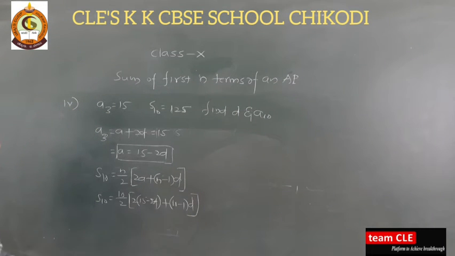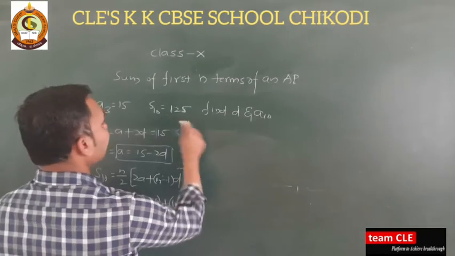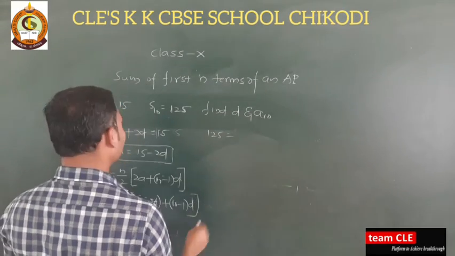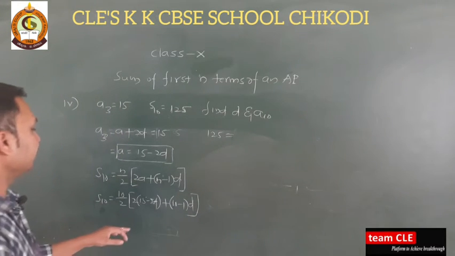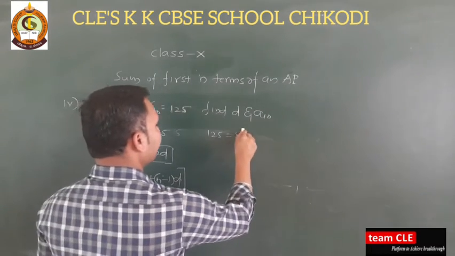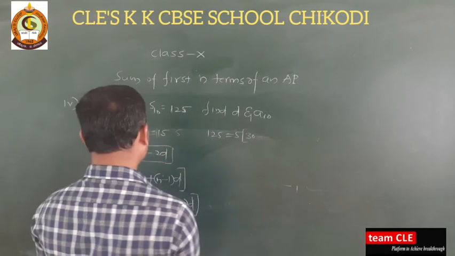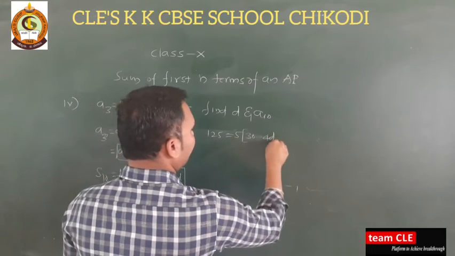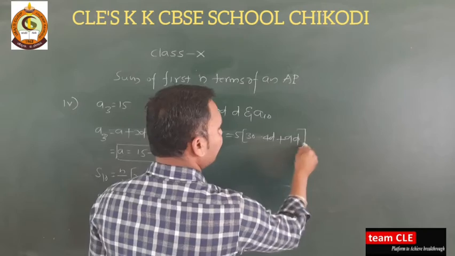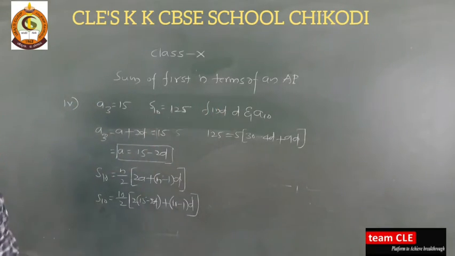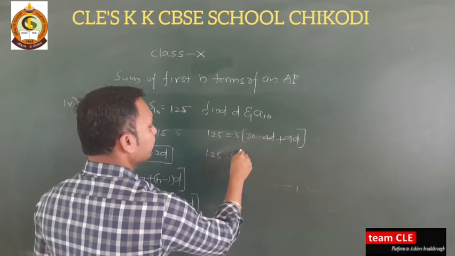Well, next, so S of 10 we have 125 is equal to, I'll write 5 into bracket of 30 minus 4D plus 9D, isn't it? 10 minus 1 is 9D. Now 125 as it is, 5 is also as it is.